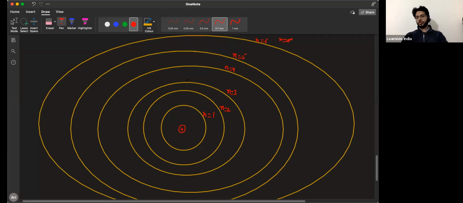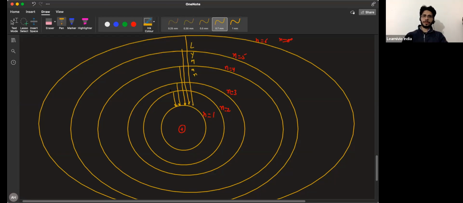So in the Lyman series, the transition is from a higher energy level to the n equal to 1 level. We are talking about this transition, this transition, and this transition. All these transitions are in the Lyman series.